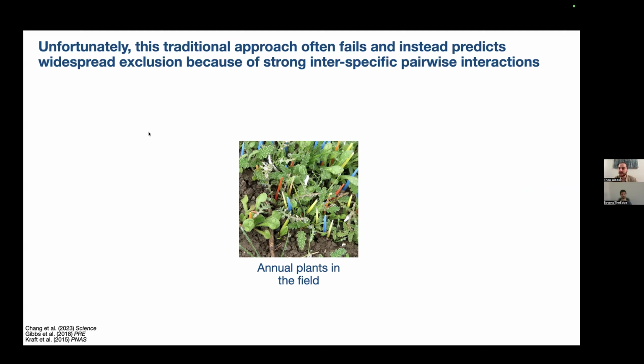The basic observation is that the pairwise interactions between different species are too strong to predict coexistence, even though the experiments are done with sets of 5 or 10 species that we know coexist in those same fields, in the same grasslands. So that's a little puzzle, right? What is it that we're missing about these species that is producing coexistence that we're not capturing in our experiments?